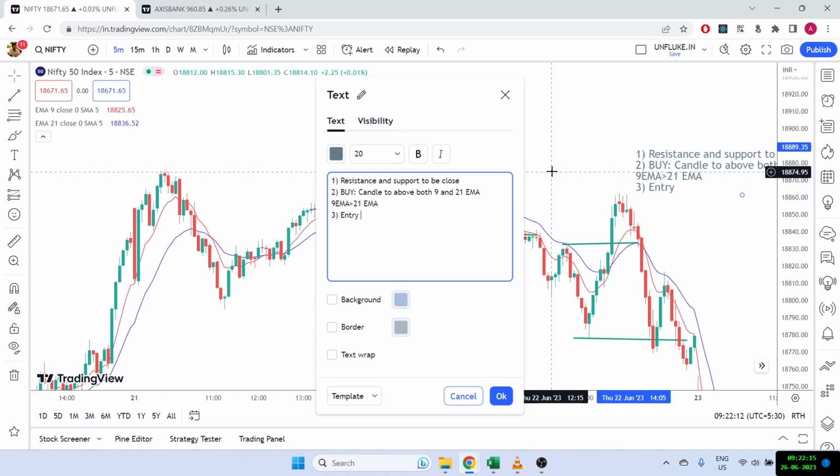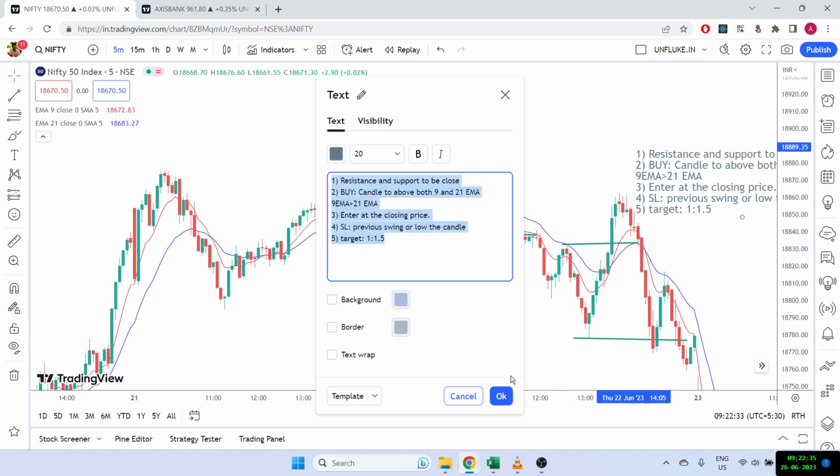Once I've taken the entry, I will put my stop loss either at the previous swing or the low of the candle, depending on how big the candle is, and I will take the target as 1:1.5. So this is how I'll be trading this strategy.